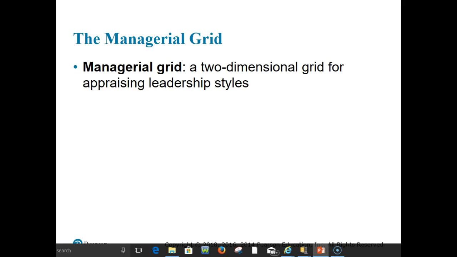This managerial grid used the behavioral dimensions concern for people, which is the vertical part of the grid, and the concern for production, which is the horizontal part of the grid, and evaluated the leader's use of these behaviors, ranking them on a scale from 1 being low to 9 being high.